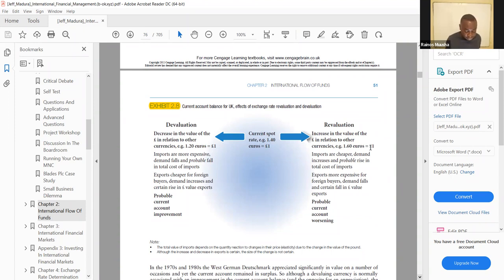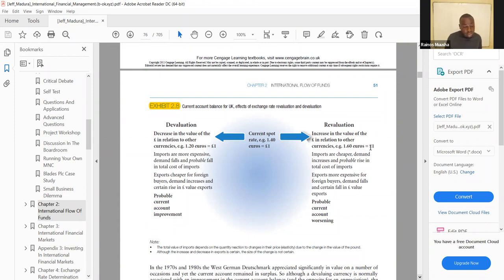What does that mean? Our imports are becoming cheaper because we are spending less, and we get more when we exchange the pound for the euro. But the foreign customers get less, because they need to raise more money to get 1 unit of the British pound.